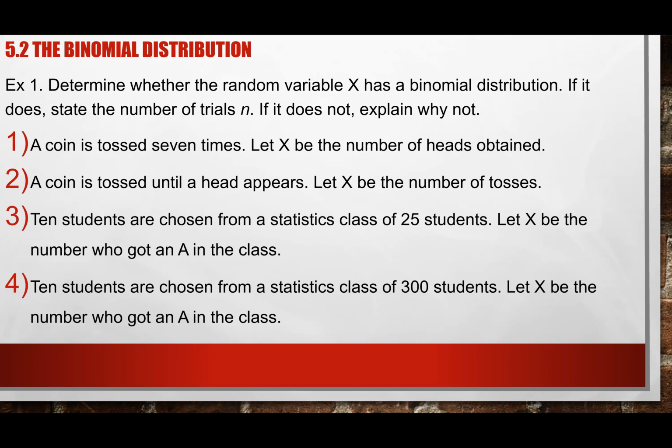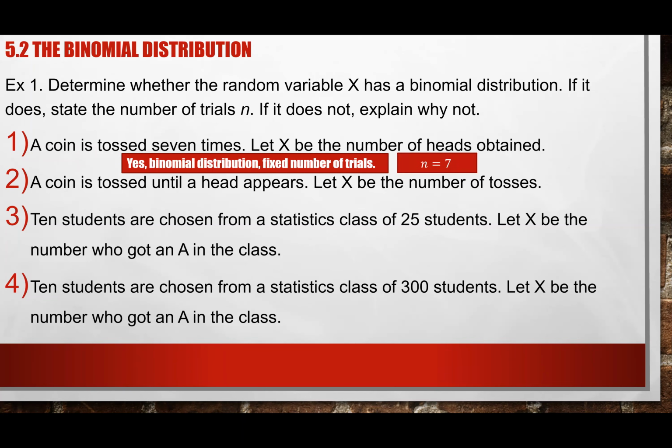We flip the coin 7 times, and now X is the number of times the coin lands on head. So is this a binomial distribution? As you can see, it is, because we know that N here is equal to 7. We have a fixed number of trials, which is that we flip the coin 7 times.